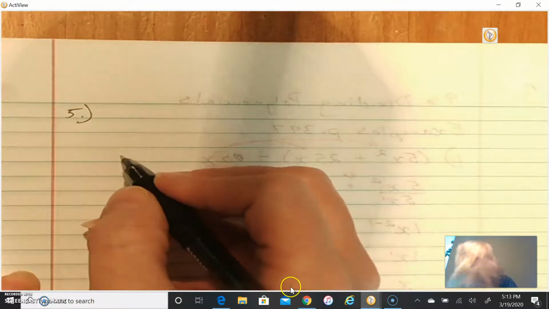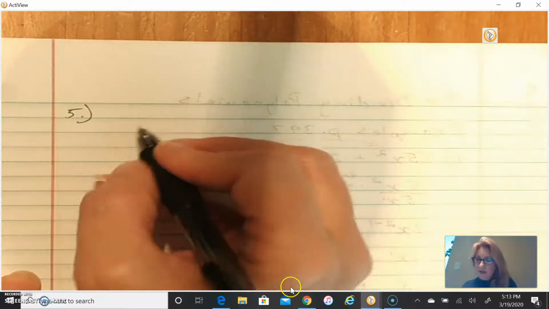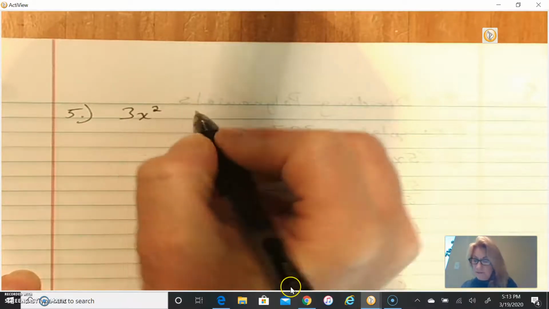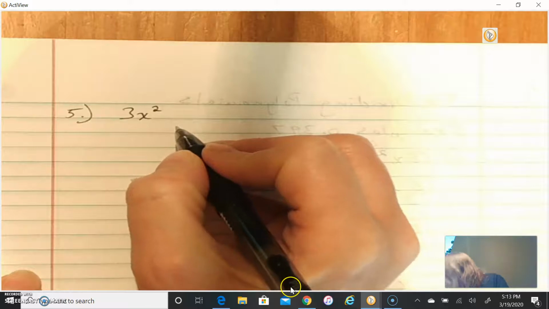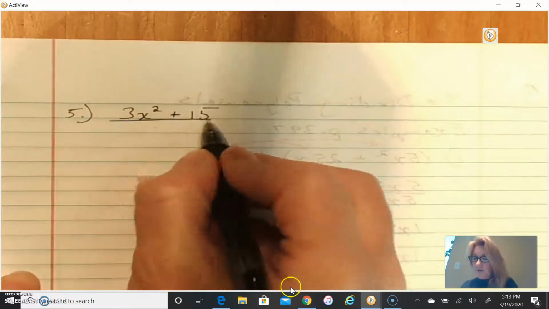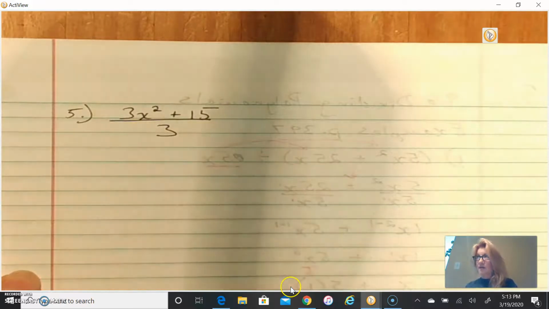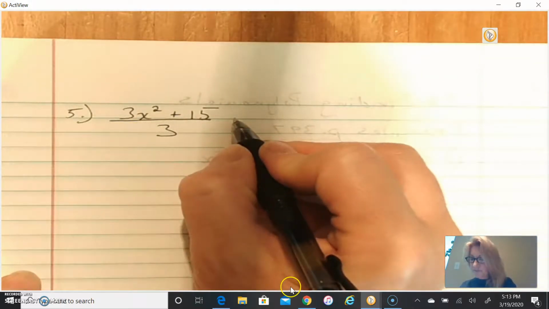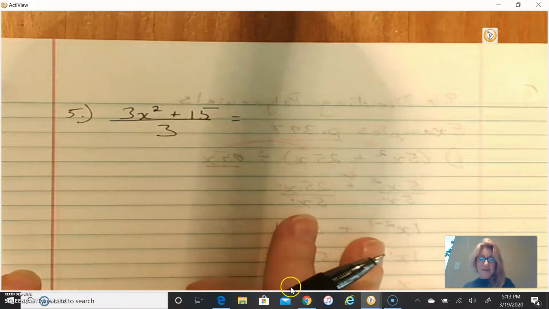Okay, this time I have 3x squared plus 15, divided by 3. Okay. Now we're going to do the same thing that we did with the other problem.